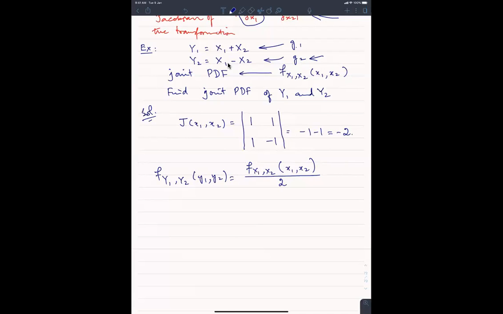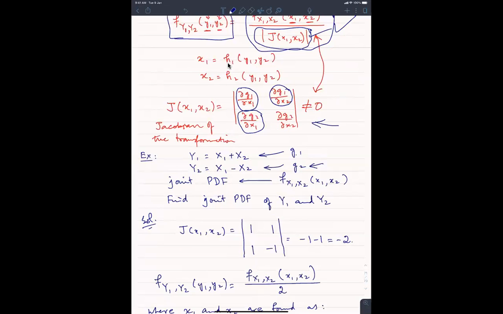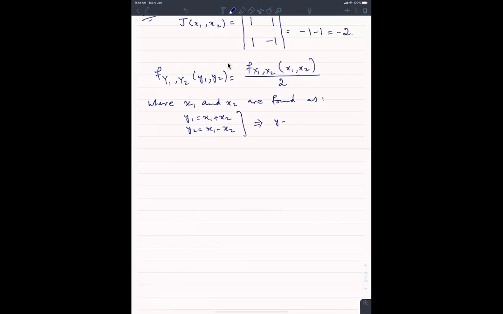But where x1 and x2 are found as y1 is equal to x1 plus x2 and y2 is equal to x1 minus x2, which implies that, or you can do it by matrix inversion, the matrix inversion that we described here, that y, which is (y1, y2), is equal to g of (x1, x2).